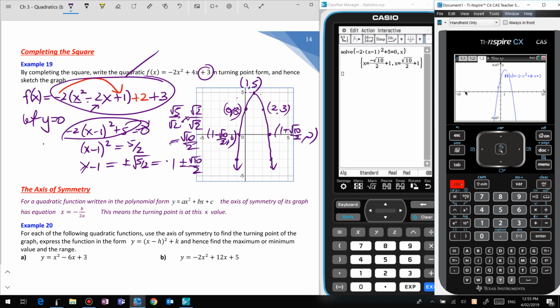The other thing I was going to tell you, if we add another page, you can go menu, 3 for algebra, 5 for complete the square, and then you just say negative 2x squared plus 4x plus 3, and then comma x. Sometimes it requires it, sometimes it doesn't, and that's it, completed the square.